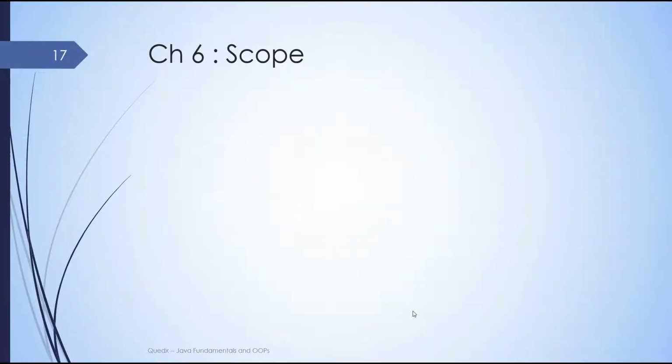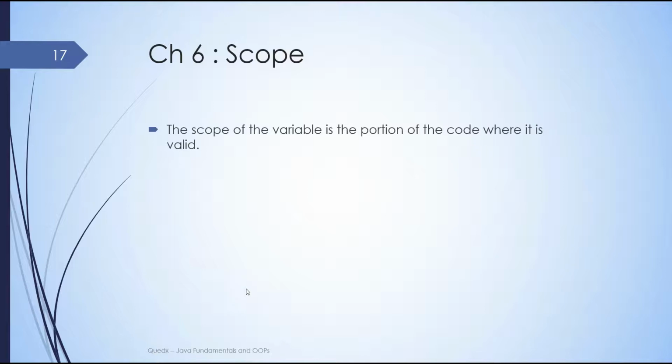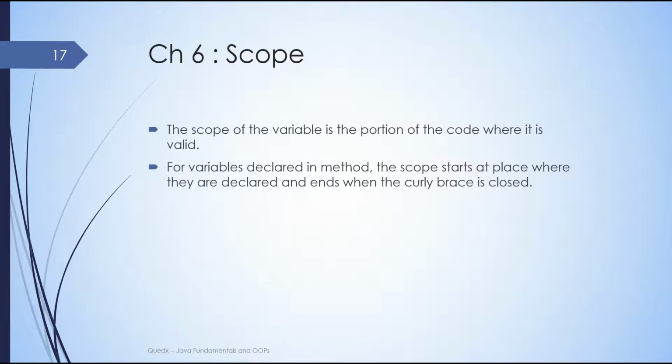So let's discuss scope. The scope of a variable is a portion of the code where it is valid. For variables declared in a method, the scope starts at the place where it is declared and ends when the curly brace is closed.